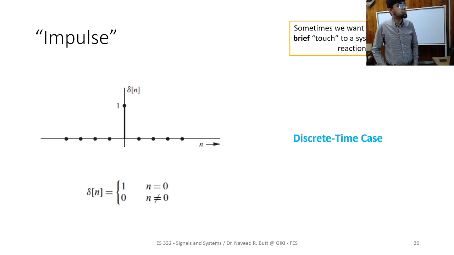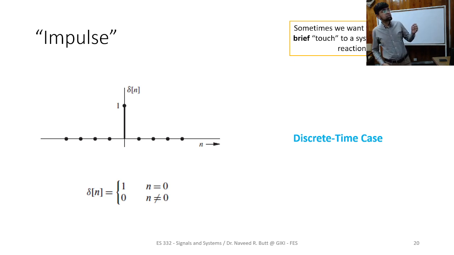Now in discrete time, the delta function is much simpler. कोई इसमें advanced चीज़ें नहीं है. It's very simple. What is this formula saying? You know how to read a piecewise formula? Yes. So it's a piecewise definition. It says that delta n equals 1 when n is 0.